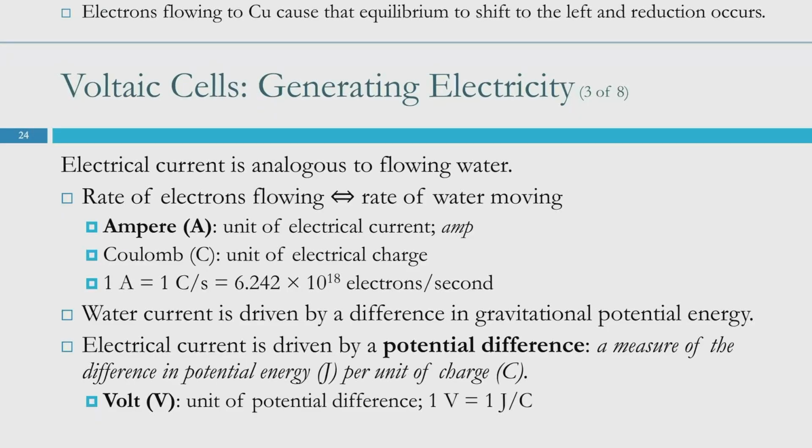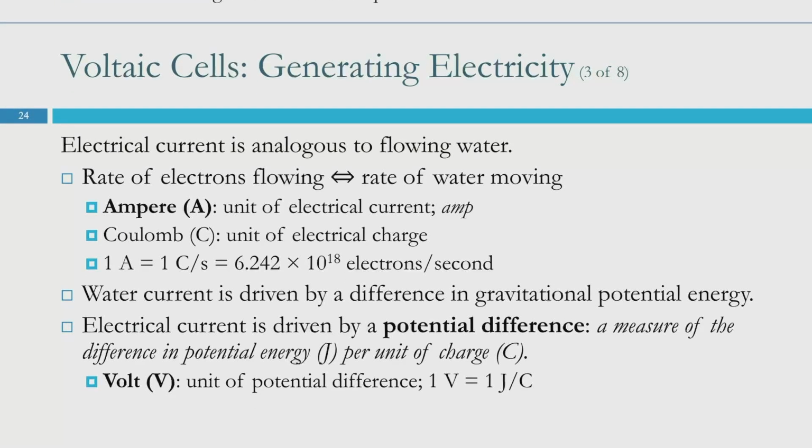The electricity that flows, we've got some terms. We're not going to go super deep into the electricity part of things, but it's good to have a basic understanding of what's going on. So we can think of electrical current as analogous to flowing water, like in a river. So the rate of the electrons flowing is equivalent to the rate of water moving.